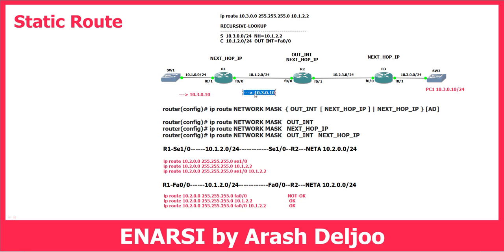But here you know that this packet should be sent to the next hop 10.1.2.2. We need the MAC address of router 2. You have learned about it. Router 1 should send one ARP request to find the MAC address of 10.1.2.2, and after receiving the ARP reply from router 2, which contains the MAC address of FastEthernet 0/0 of router 2, with this MAC address, this is the Ethernet header.